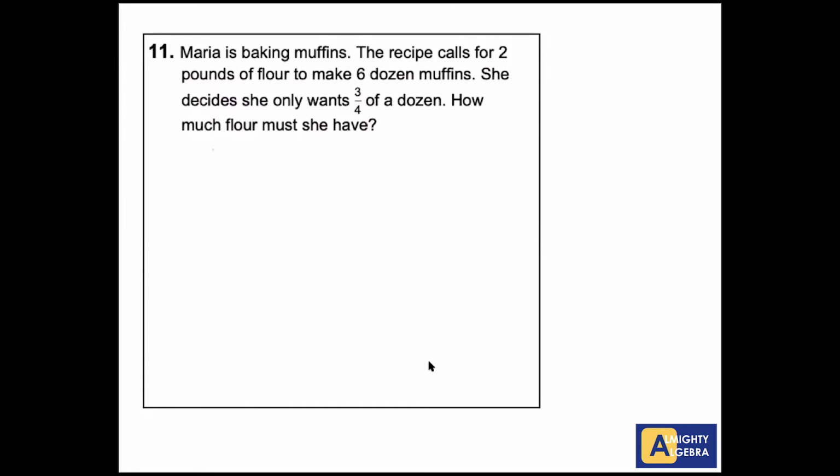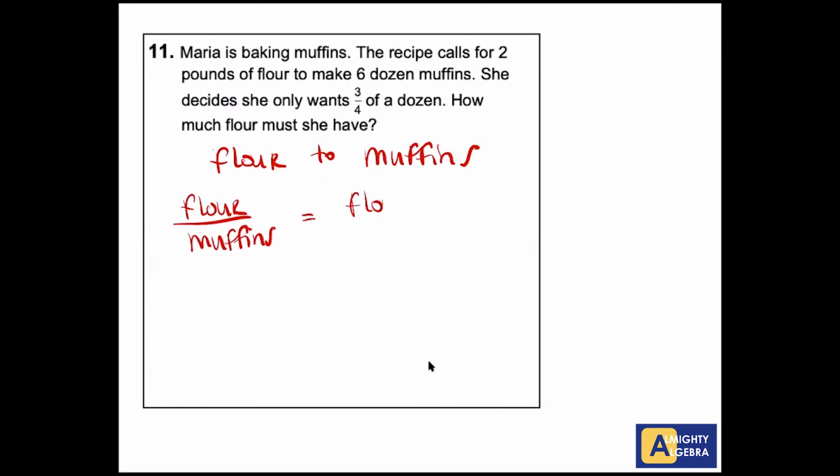In this question, we're relating flour to muffins. When I set up my ratio, I'm going to put flour on top, muffins, or the quantity of muffins, on the bottom, equal to, again, keep it consistent, same thing on the other side, flour over muffins. Let's highlight the important information.